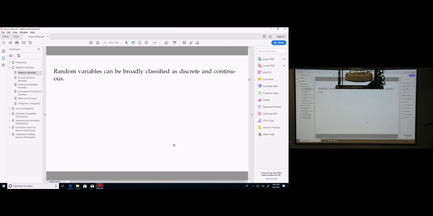So here is basically saying that random variables can be broadly classified as discrete and continuous. There is something a little bit unfortunate here, because the mathematics that we use for discrete things would basically use summation and subtraction, or either addition or subtraction.